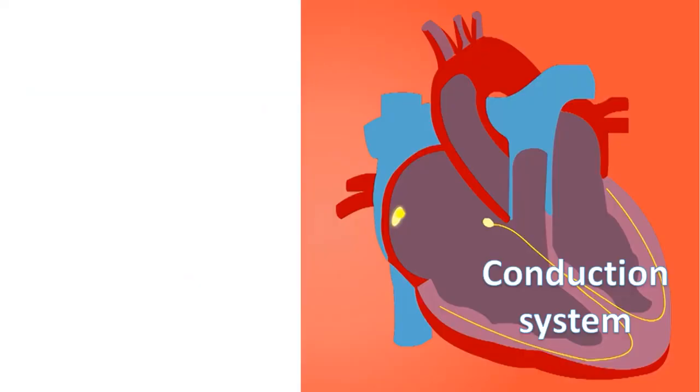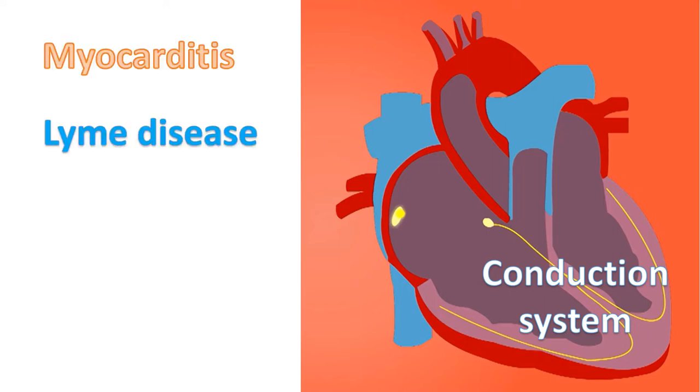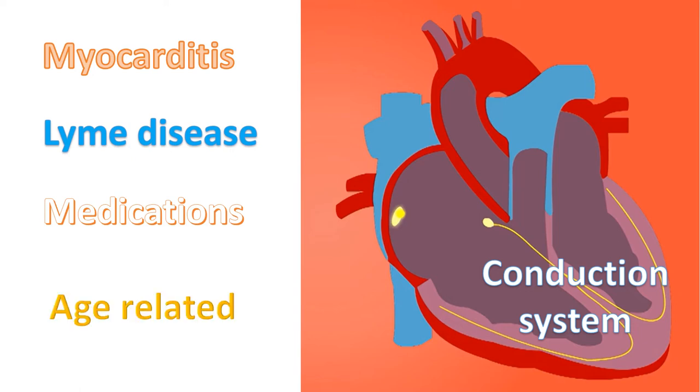Other causes are inflammation of heart muscle known as myocarditis, Lyme disease caused by a bacterial infection, and some medications which slow the electrical conduction of the heart, typically given to control heart rhythm abnormalities. Sometimes it can be due to age-related degeneration in the electrical conduction system of the heart.